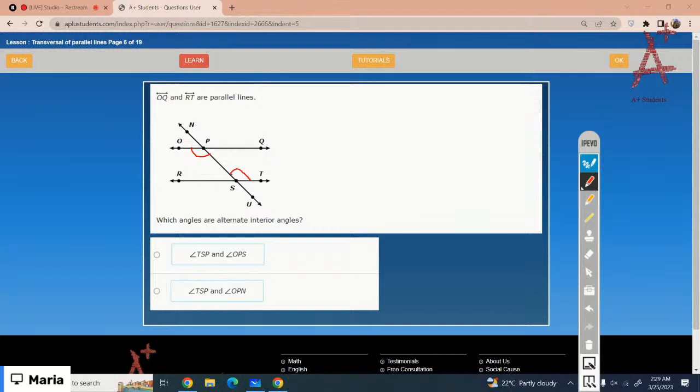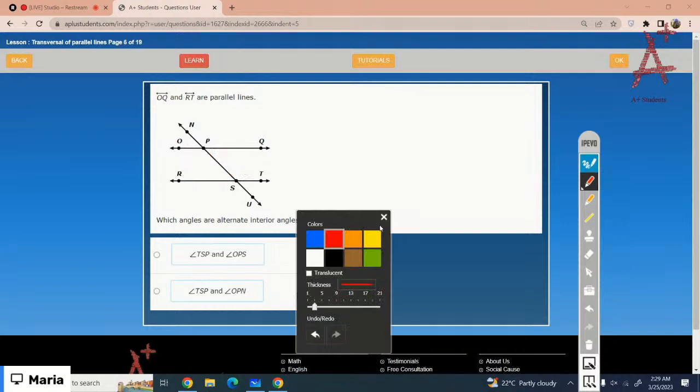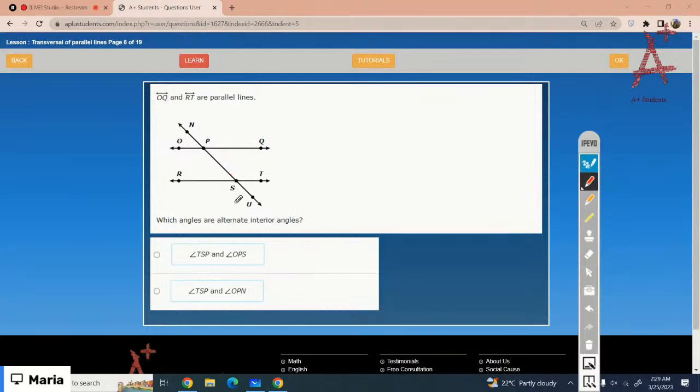They are on the opposite sides of the line intersecting the two parallel lines. Got it? TSP and OPS. Option number one is the correct option.